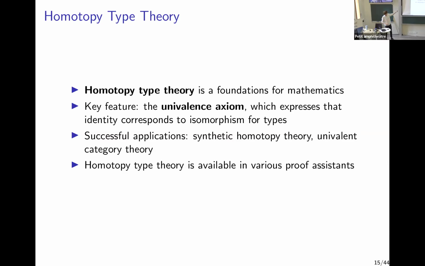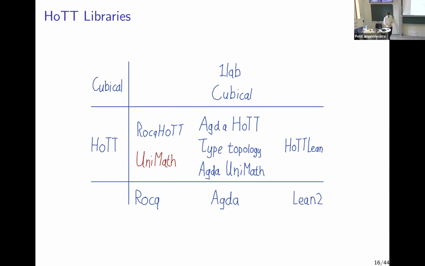But let me first show in which kind of proof assistants one can do homotopy type theory. And this is where you can see that we really are friends with each other and really collaborating, because we have like 7 libraries. You might only have 1, which also shows a bit of a challenge, because if people do not collaborate, then this is what you get.